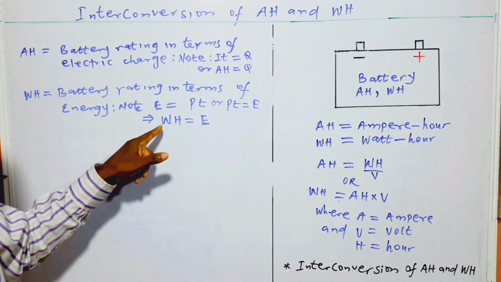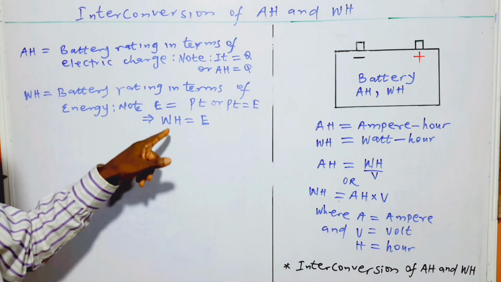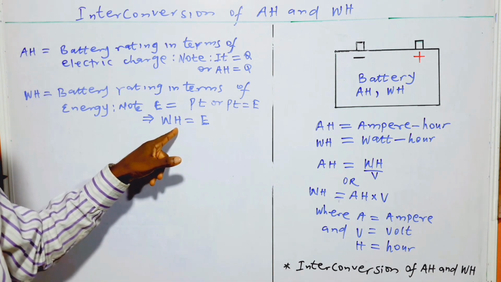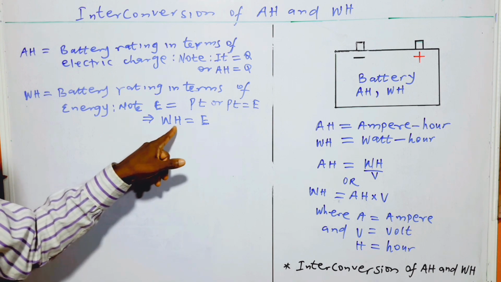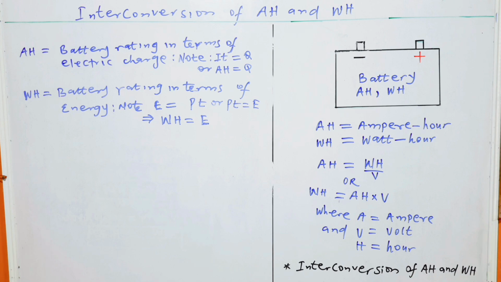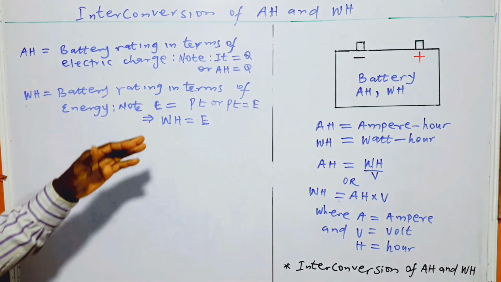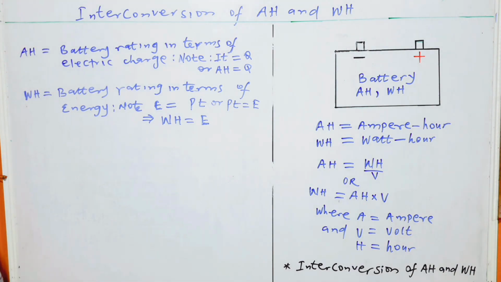In place of P, we can write W, and in place of T, time, we can write H. So we now have Watt-hour is equal to energy, E. And that's why we are saying Watt-hour is the battery rating in terms of energy.